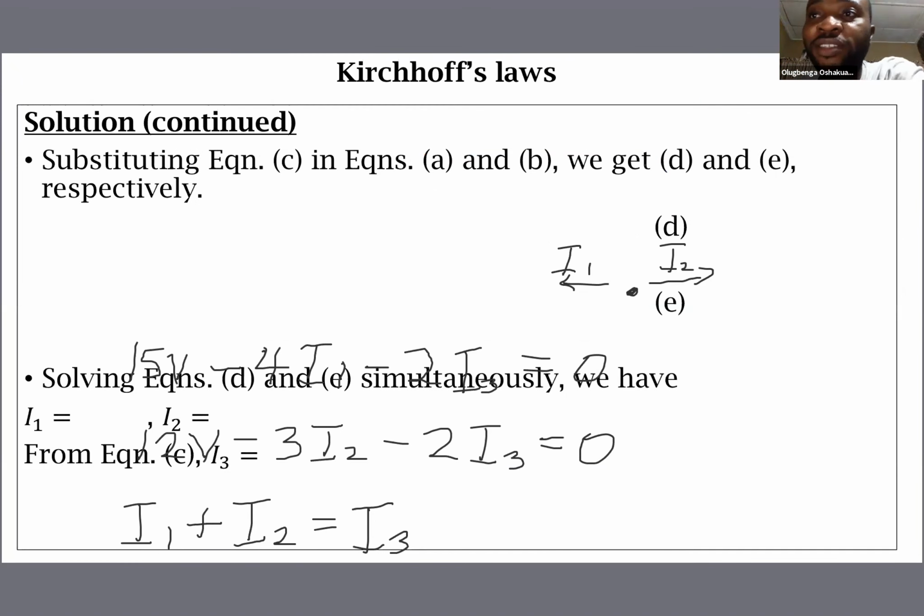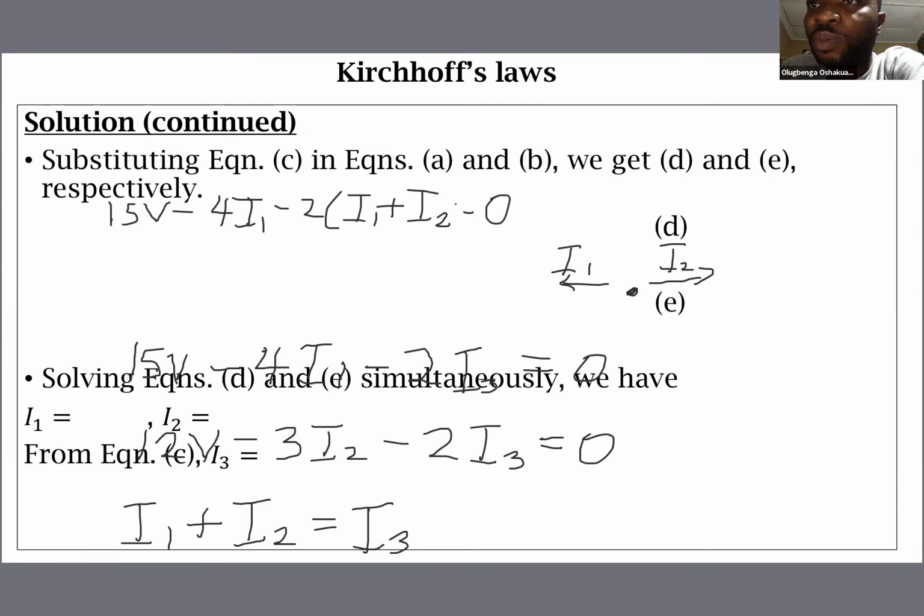So writing that, equation A will become 15 volts minus 4 I1 minus 2 times I1 plus I2 equal to 0.